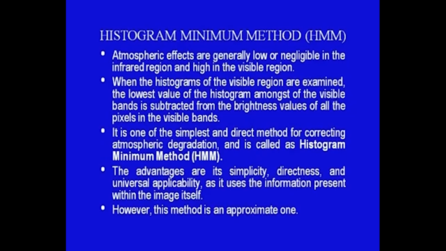It is one of the simplest and direct methods for correcting atmospheric degradation. The advantage of this method is its simplicity, directness and universal applicability, as it uses the information present within the image itself. However, this method is an approximate one.